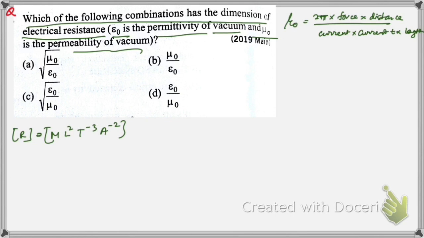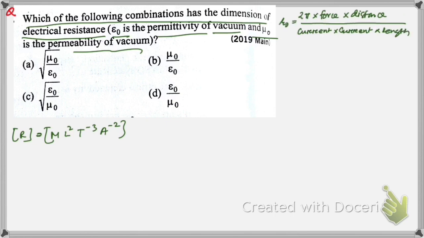Let me write this one clearly. So this is the formula to calculate permeability of free space, right? Twice pi is a dimensionless constant, so we're going to ignore this.